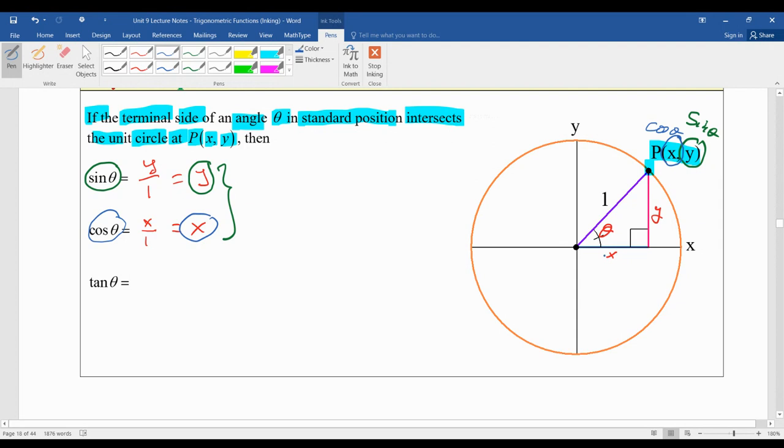But there's another thing. Since x is on the x-axis, all the values of x are found on the x-axis. That means the x-axis is also the cosine axis. So the x-axis is the cosine axis. And the y-axis is the sine axis.